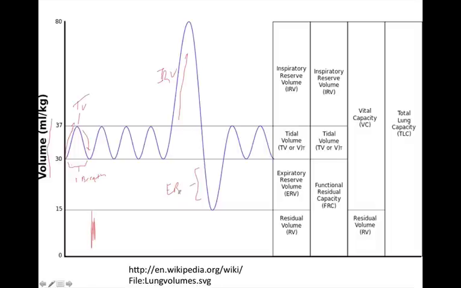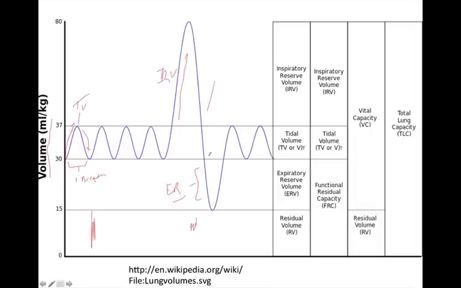Remember why expiratory reserve is always going to be smaller: residual volume. We do not completely empty our lungs. And when you add tidal volume and the two together, that's inspiratory capacity.